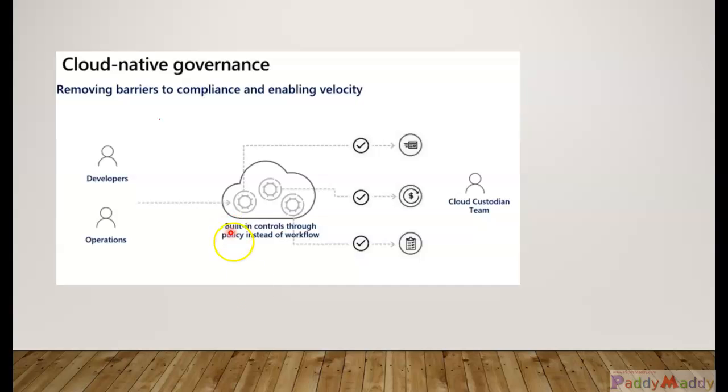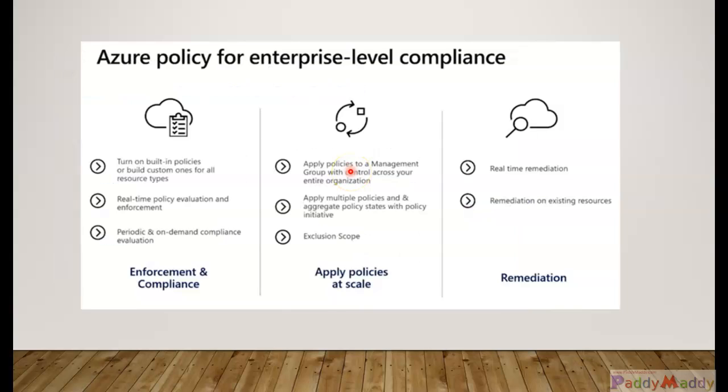Coming back to cloud native governance, developers or operations teams have built-in controls through policy instead of workflows. This is set at the proper point, when they are trying to create a resource, for example the billing code and cost, or some kind of checklist they must follow, so that they can use the cloud resources properly.